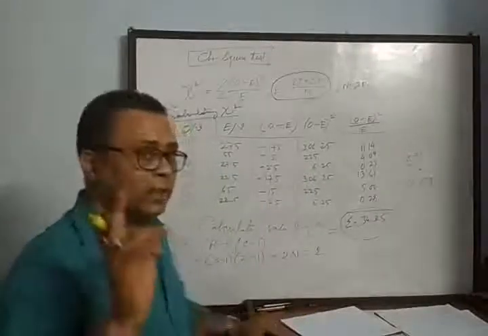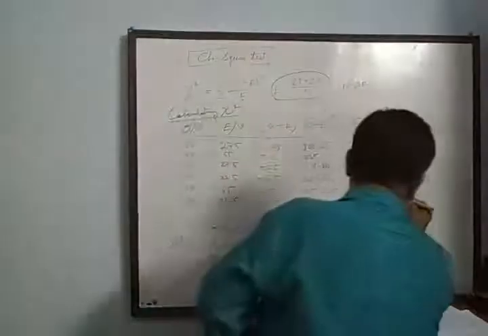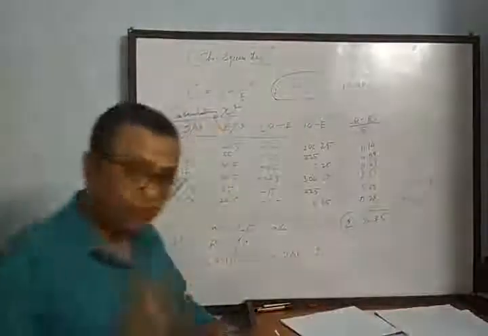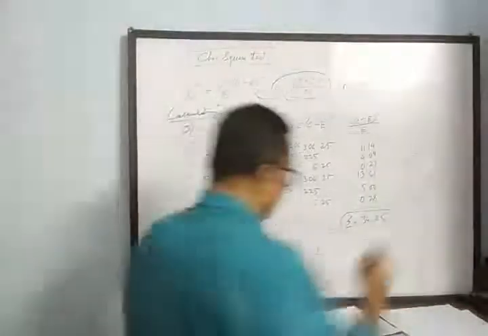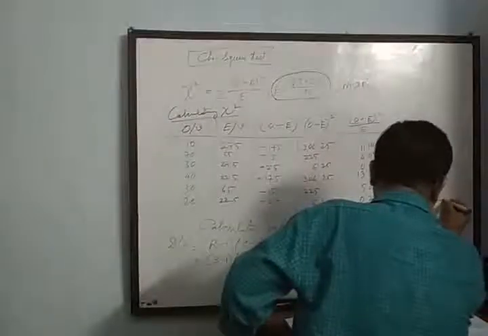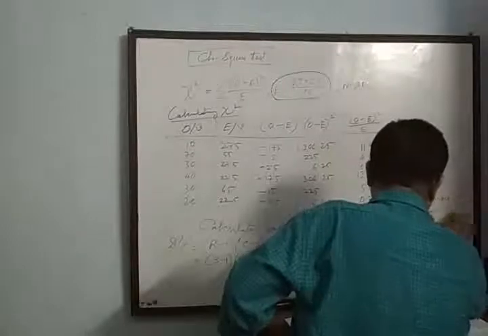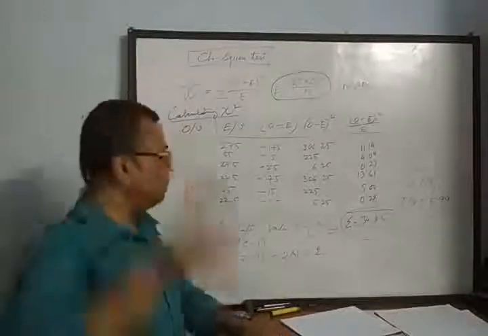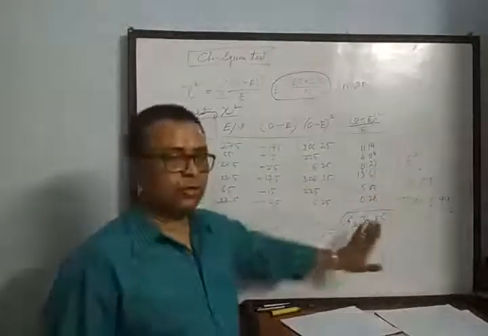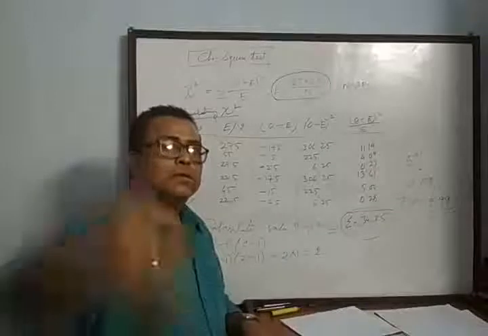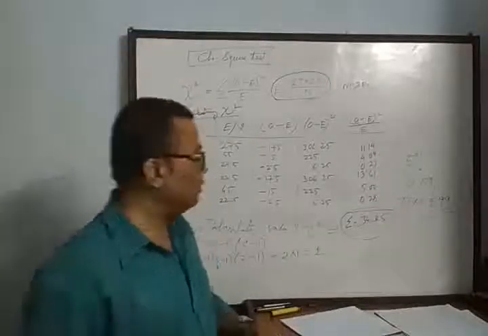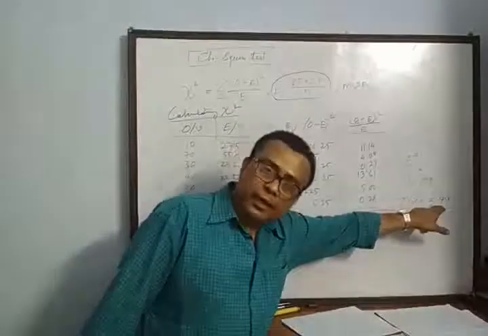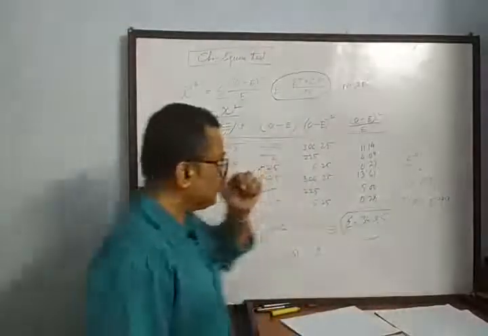The tabulated value you will get from the table is 5.99. After calculating the statistical value and checking the chi-square table, the table value is given as 5.99. You will verify it.